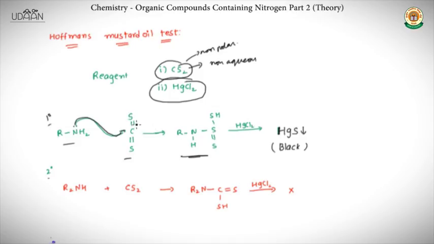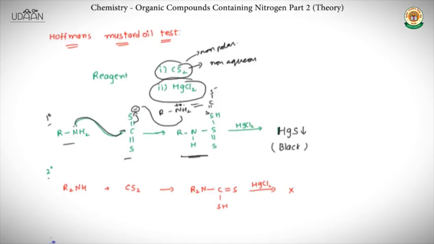Now this is a simple substitution where you have a negative charge on this sulfur, and this takes hydrogen not from water, because there is no water in this solution, but from some other compound, like RNH2 CS- with double bond S, plus some other compound, let's say.